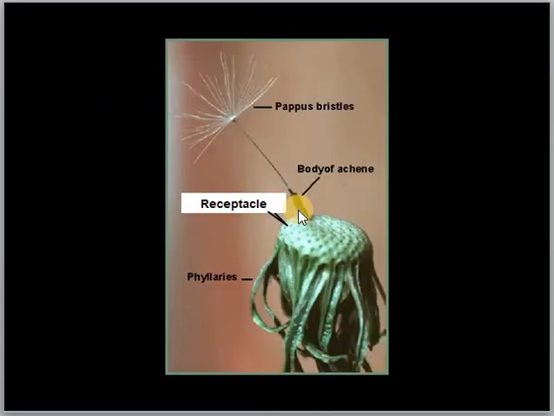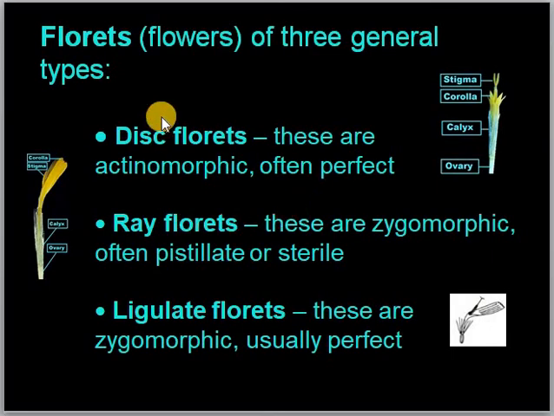Mainly their florets are of different types. One is called disc floret, ray floret, and ligulate floret. So let me repeat. As I told you before, the flowers or the florets are of different types. One is called disc floret, ray floret, and ligulate floret. So the first one is disc floret. What is a disc floret? They are the florets which are present in the middle.